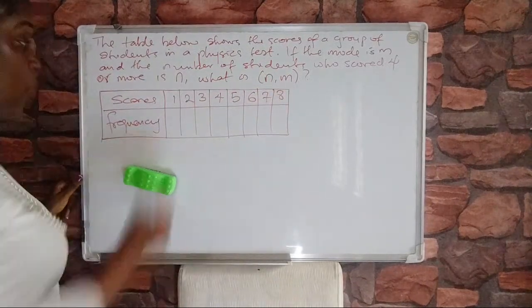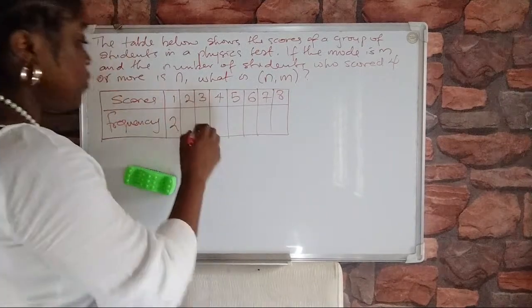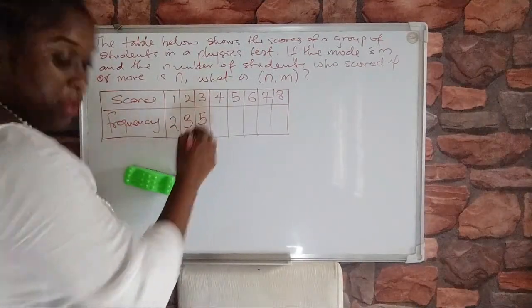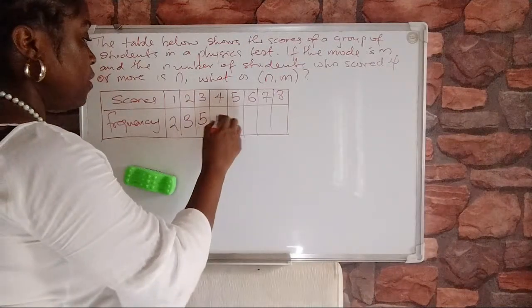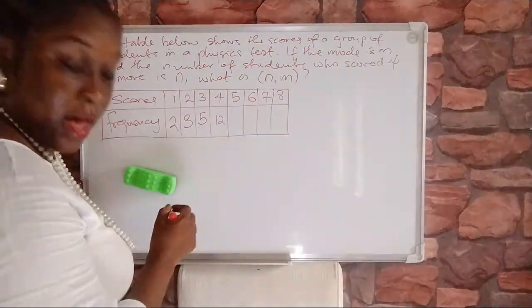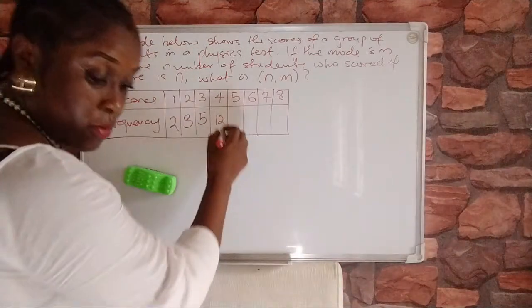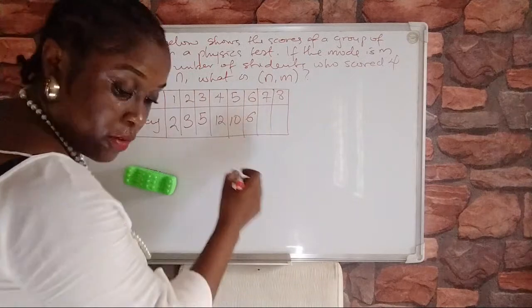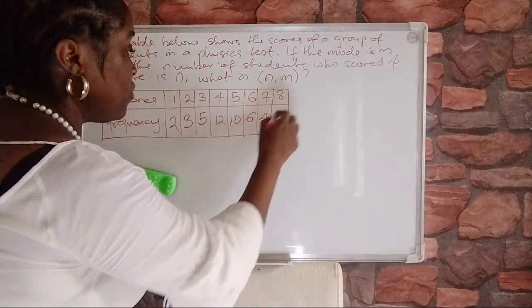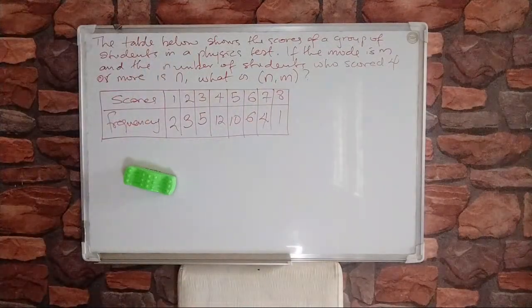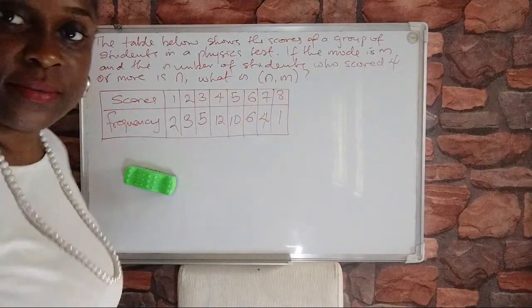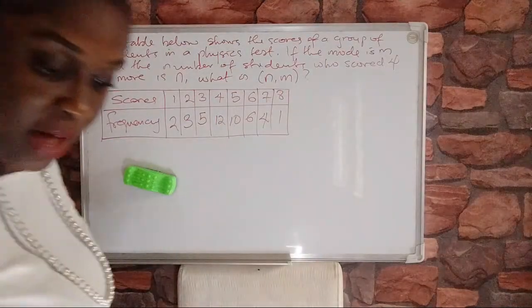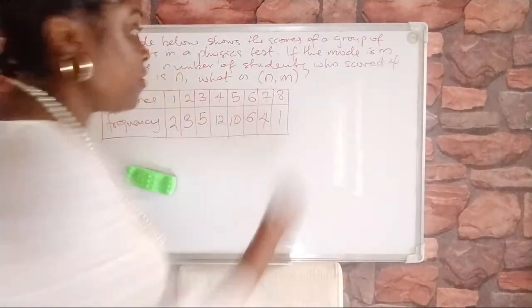Now the frequency for 1 is 2, for 2 is 3, for 3 is 5, for 4 is 12, for 5 is 10, for 6 is 6, and for 7 is 4, while for 8 it is 1. All right. So what are the options we have?